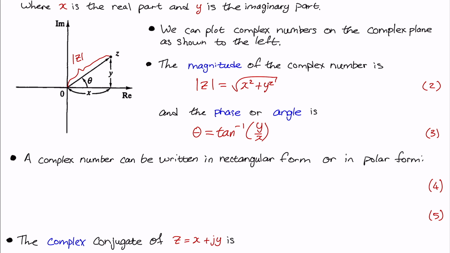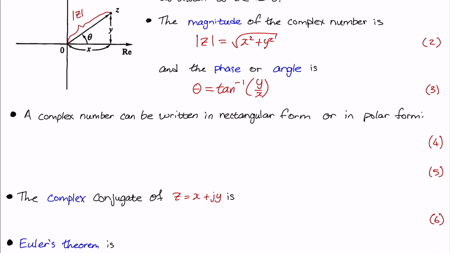All right, so we can express a complex number in either rectangular form or in polar form. There are two ways to express it in rectangular form. The first is exactly what we've just seen. That is z is equal to x plus jy. Another way is we can say that z is equal to the magnitude of z times the quantity cosine theta plus j sine theta.